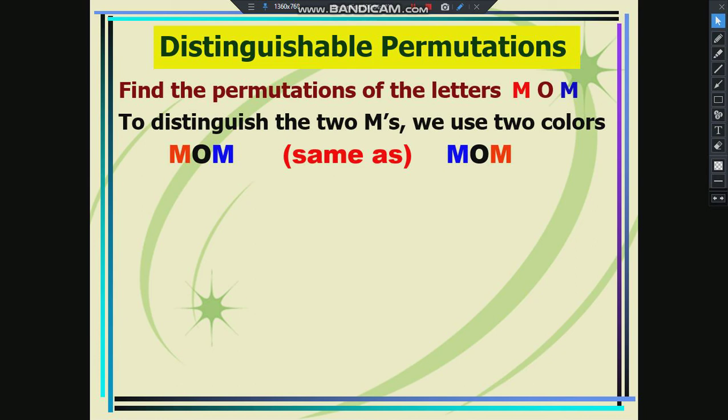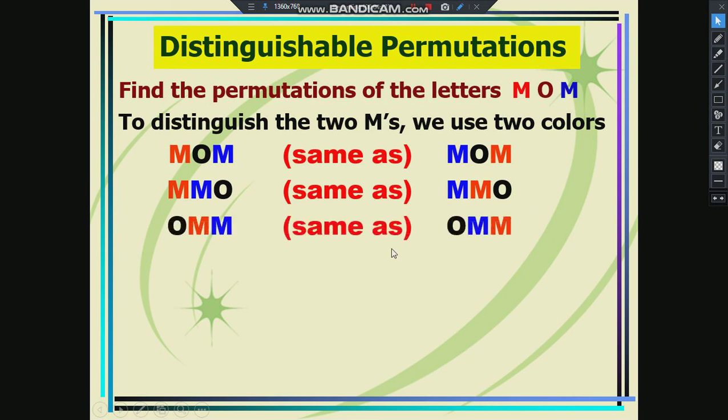So this first arrangement is just the same as this one. Another MMO is just the same as MMO. And this would be also the same as this one. Pareho lang yung letters, nilagyan lang natin siya ng color to distinguish. Pero pag walang color, meaning to say, this arrangement is just the same as this one.